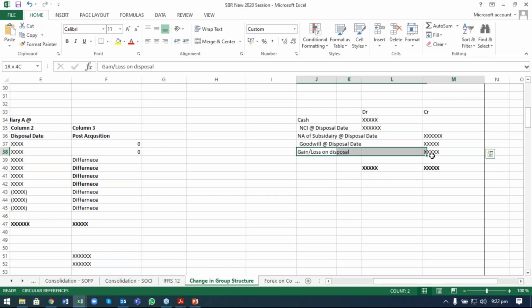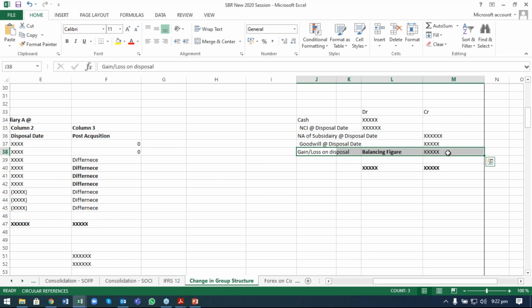Last is the balancing figure. This balancing figure will provide you either a gain or loss on disposal of a subsidiary. If this balancing figure comes on the debit side, then it is a loss on disposal, and if this balancing figure is reported on the credit side of the double entry, then it is a gain on disposal of the subsidiary. So you can easily identify it by making a double entry.